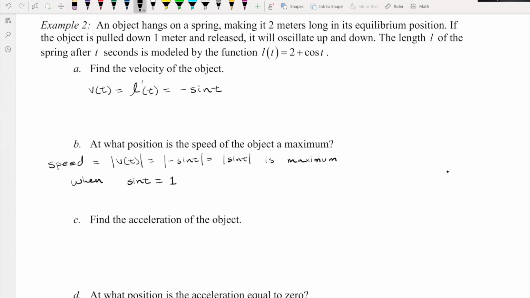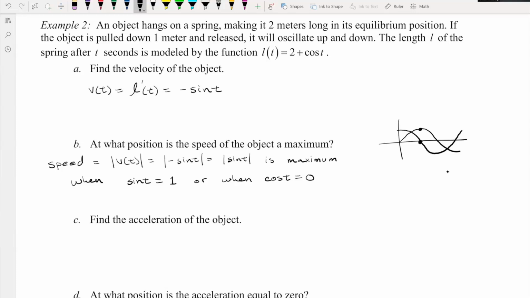And that happens when cosine t is equal to 0, right? Sine t is 1, right? Sine t is at its maximum right there, at the same value when cosine is 0.